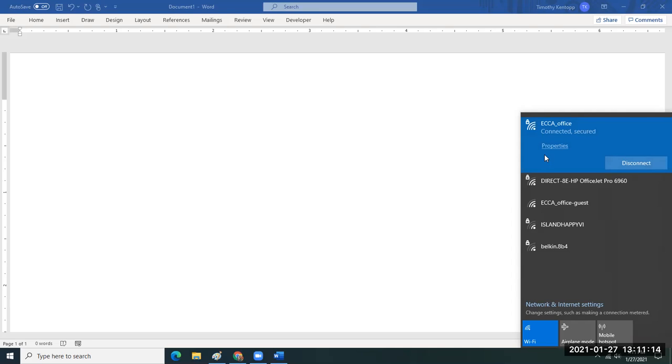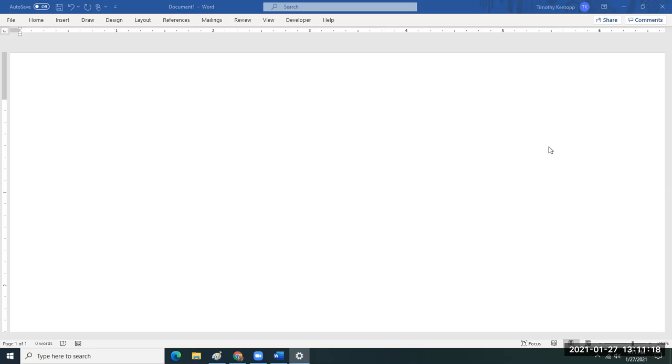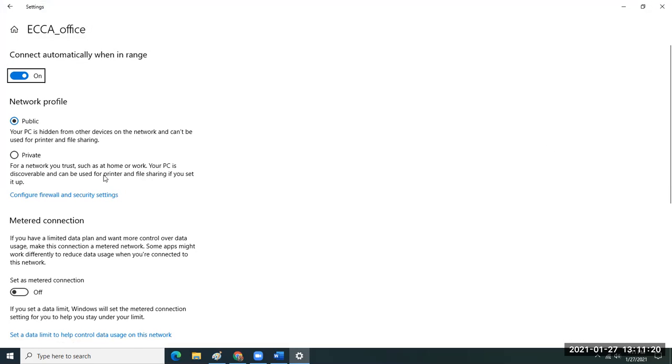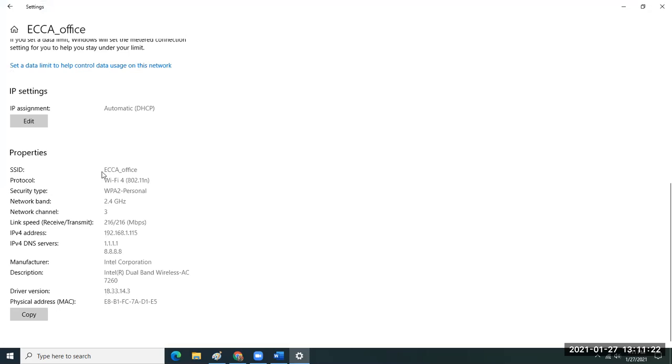And you see here that I told you that I was connected on a wireless network. And if I look at the properties of this and I scroll down right now, you can do something similar on your side. You can look at the IP address that's assigned to your wireless card.